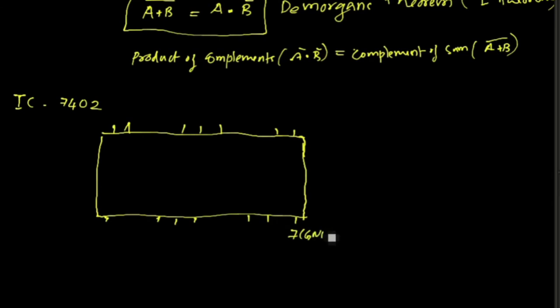Here 7 is the ground, there is no difference in the ground. 14 is the VCC. Here we have that cutting. Here actually the IC gates are inverted in this way.